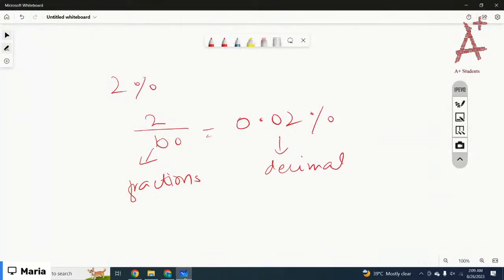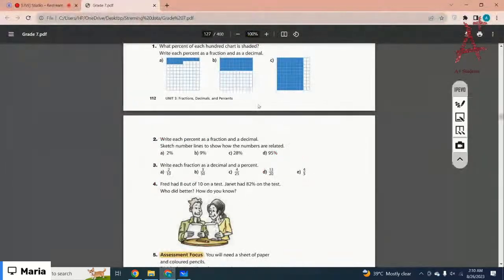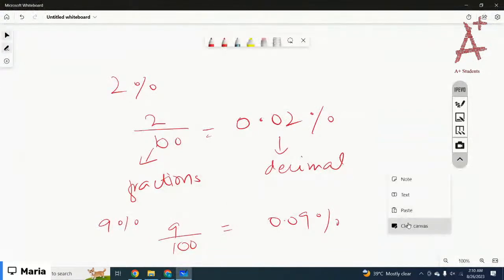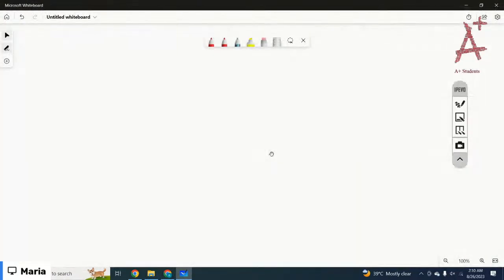The next one is 9%. It would be 9 divided by 100. That means 9 out of 100, right? So you can write it as 0.09. The next one is 95%.